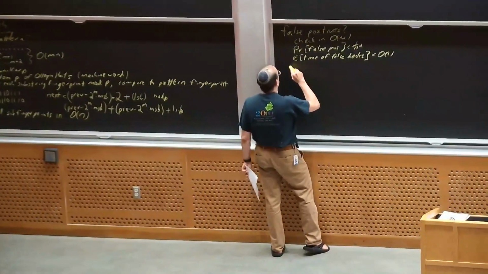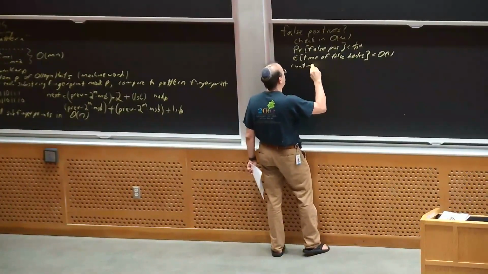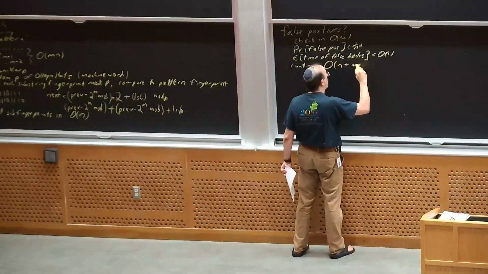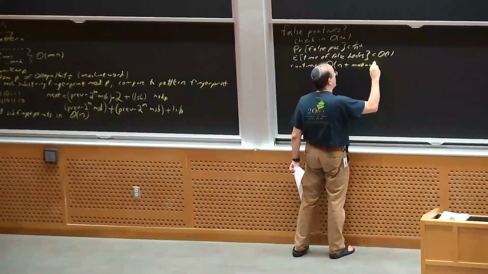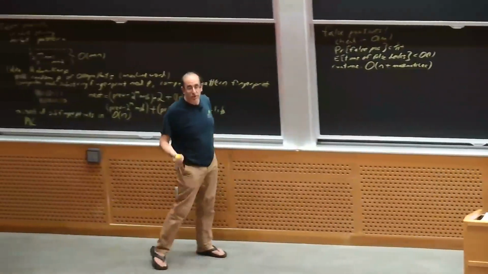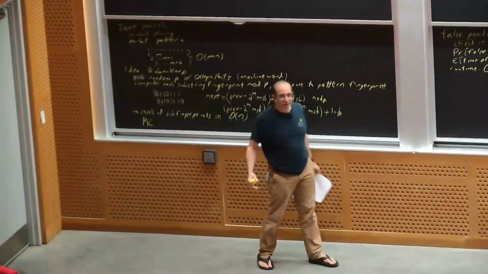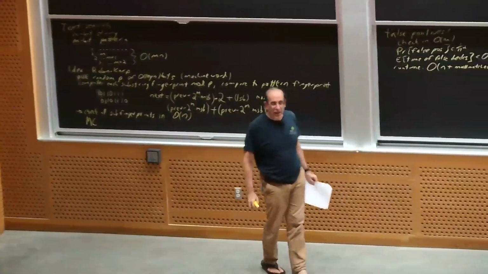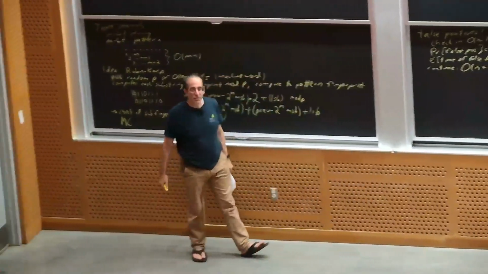So the runtime is going to be order n plus m times the number of matches that you're looking for. Now, of course, if you're only looking for the first match, fine. If you want to return all the matches, this might become more expensive.